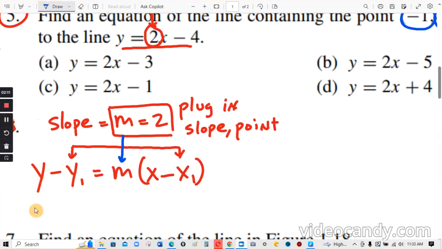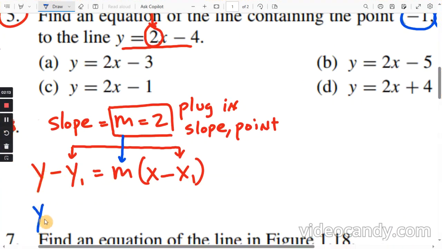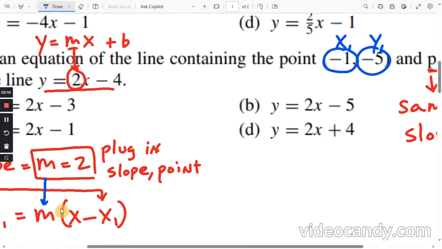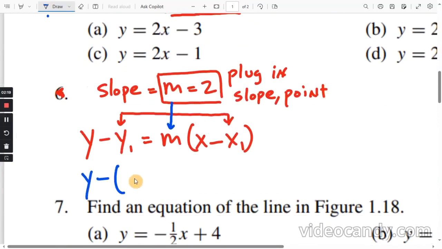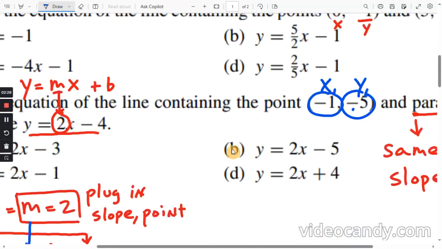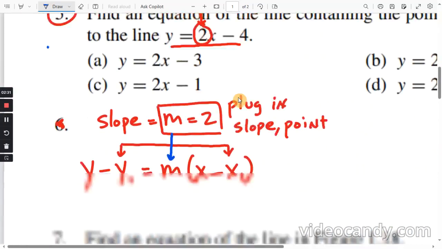Okay, so we have y minus y1. That's going to be y minus -5. And that equals m, which is 2, times x minus x1. And x1 is -1.